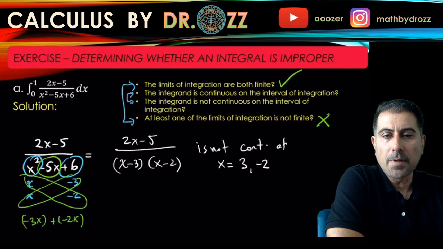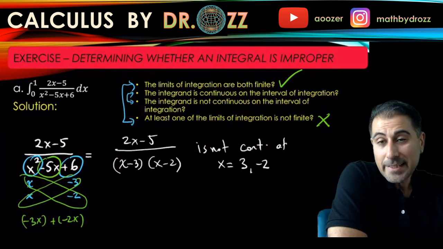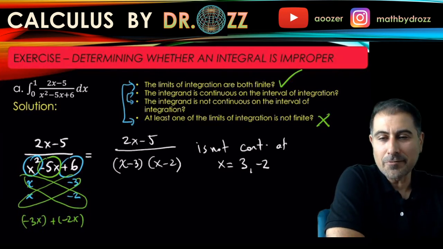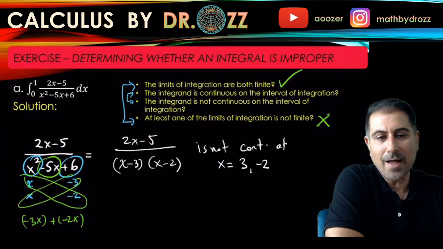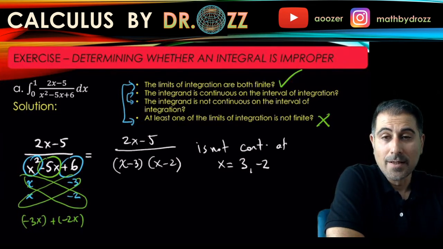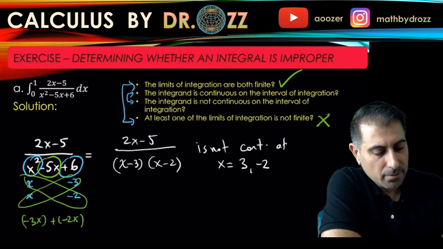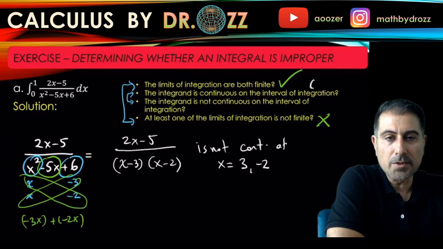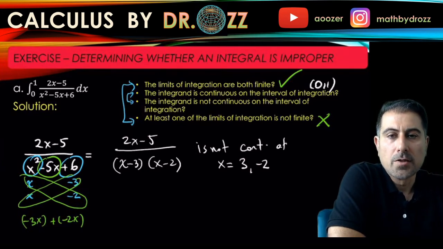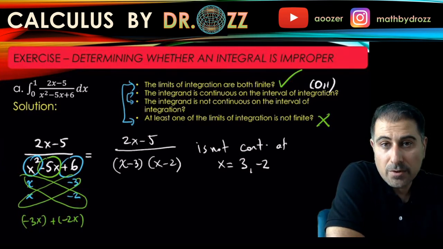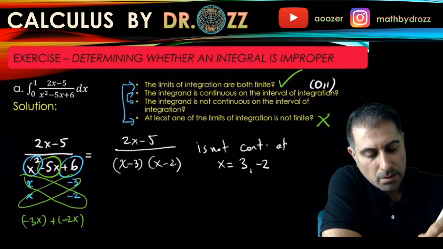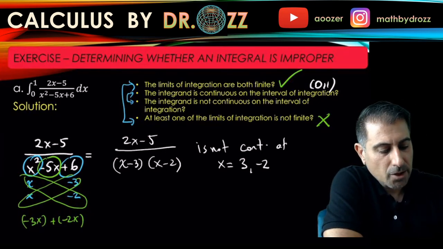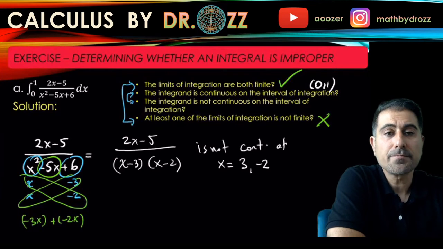But luckily, we have the interval of integration given as 0, 1. And these numbers do not belong to the interval of integration. So therefore, the rational function is continuous. So I'm going to put a check mark here and a cross mark here.